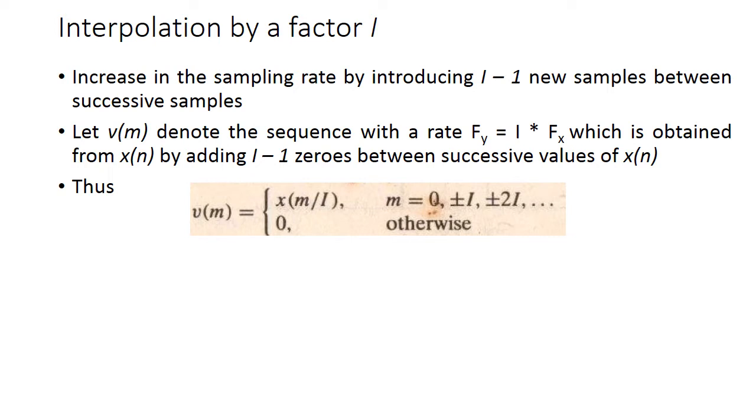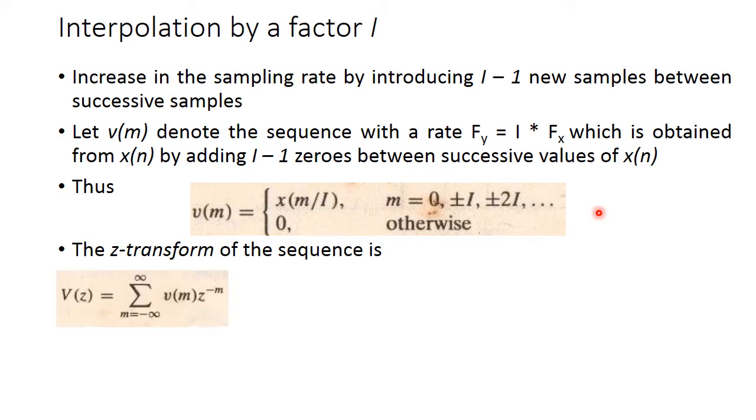We are decreasing the sampling interval by a factor of I. That is why the sequence v of m is equal to x of m by I for the values of m which are 0, plus or minus I, plus or minus 2I, plus or minus 3I and so on. In other regions it is 0.